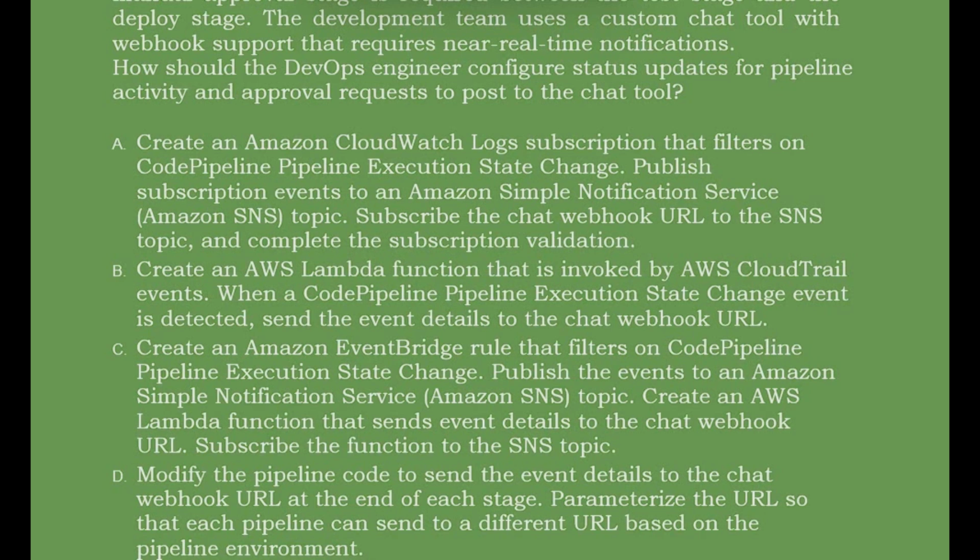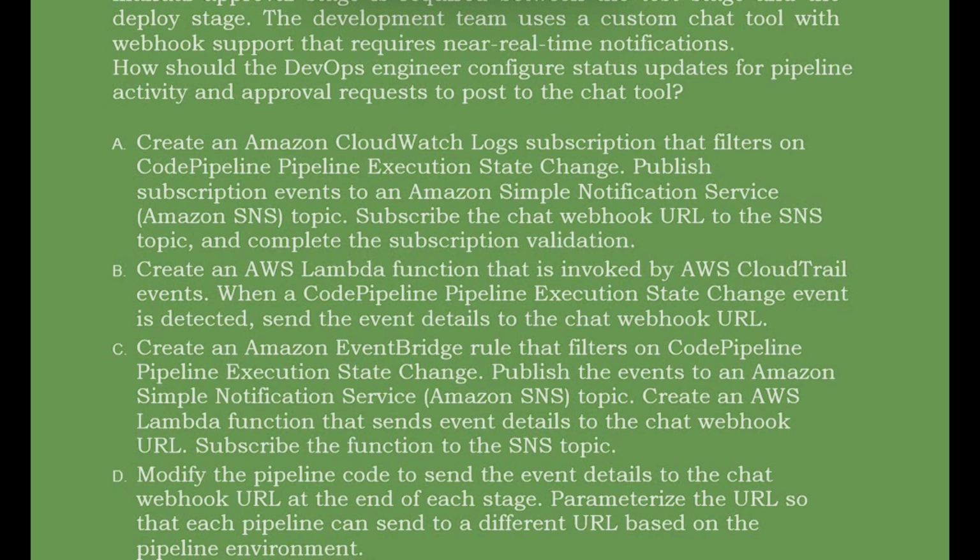Option B: create an AWS Lambda function that is invoked by AWS CloudTrail events. When a CodePipeline execution state change event is detected, send the event details to the chat webhook URL.